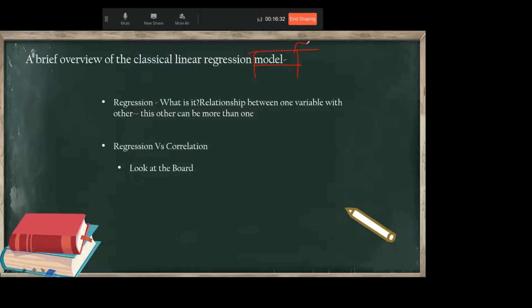So in statistics, in econometrics, in mathematics, whenever we are talking about modeling or a model, it means that we have our hypothesis, we have our intuition, and then we make a model which represents the overall situation of any kind of data, any kind of relation.